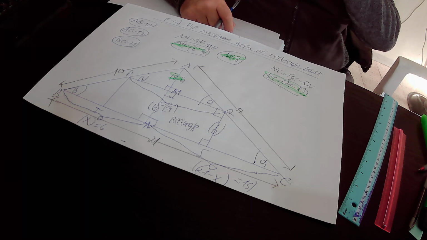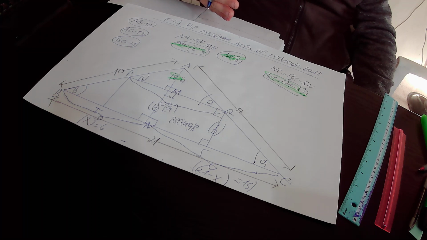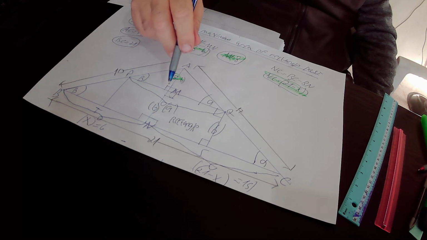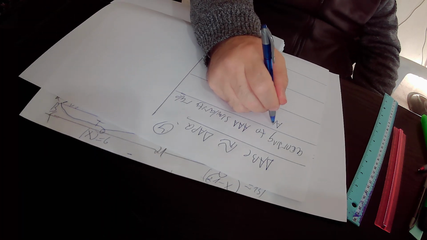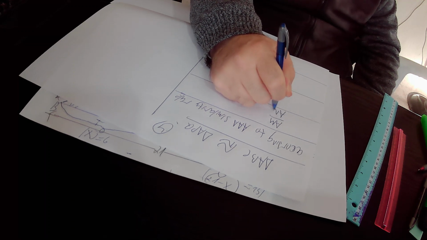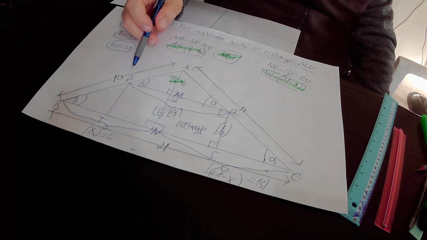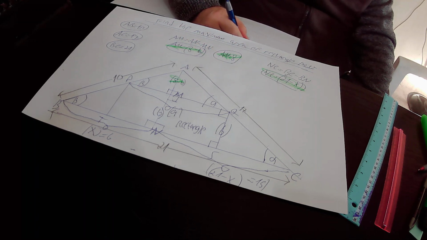Therefore, according to what I mentioned, we will get that the height AM in the small triangle APQ over the height AN in the big triangle ABC is equal to side PQ of the small triangle APQ over side BC of the big triangle ABC.